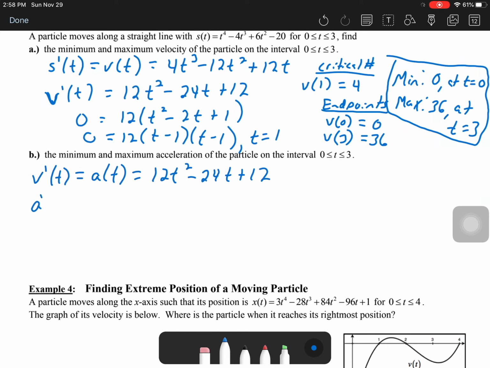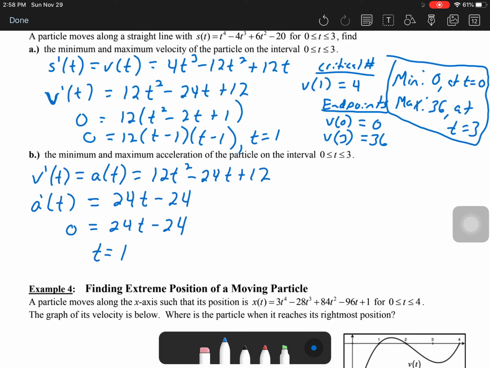So what we're going to do then is find the derivative of that to get our critical numbers of our acceleration function. Right, so continuing on there, if we do our derivative of this, we're going to get 24t minus 24. And we're going to set that equal to 0. And we're going to get 1 again for that, right?